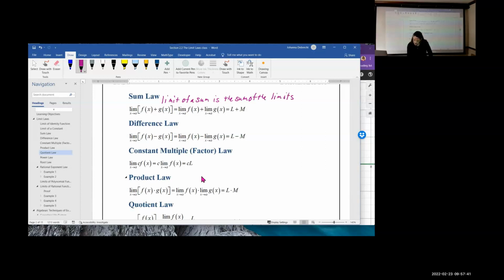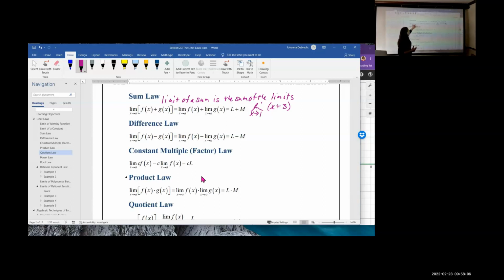Now, what does that let me do? That lets me do something like this, where I have the limit as x approaches, not equals, x approaches 1 of x plus 3, right? X plus 3 is a line, but I can also think of it as 2 functions added together.